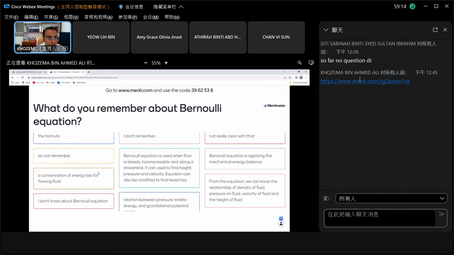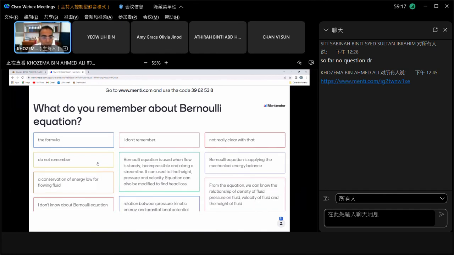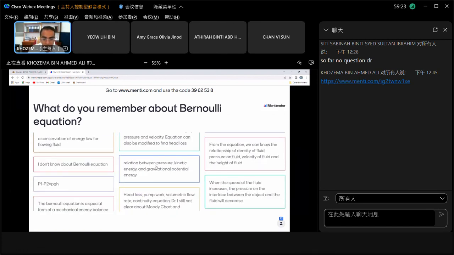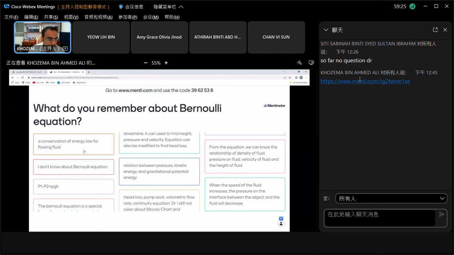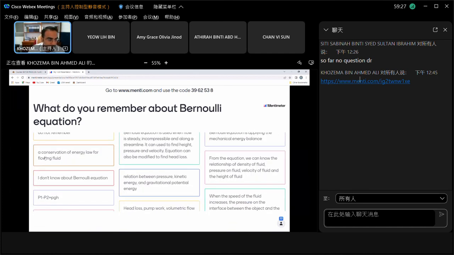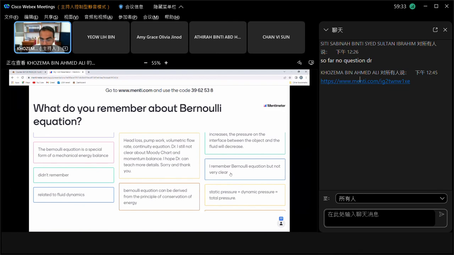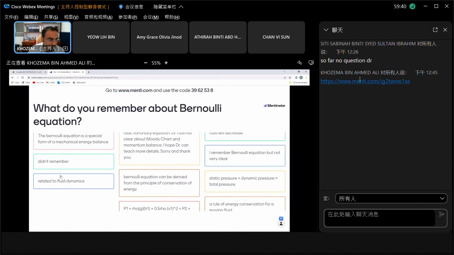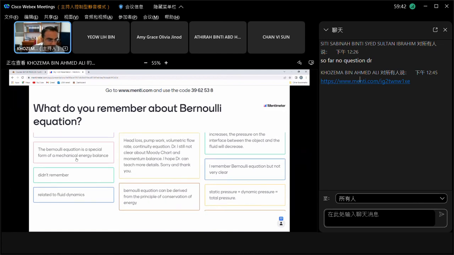So I can say that the majority is not very clear about the Bernoulli equation. Some of you are giving very detailed explanations, and most of it is saying that it's a conservation of energy law, conservation of energy related to fluid dynamics, mechanical energy balance.